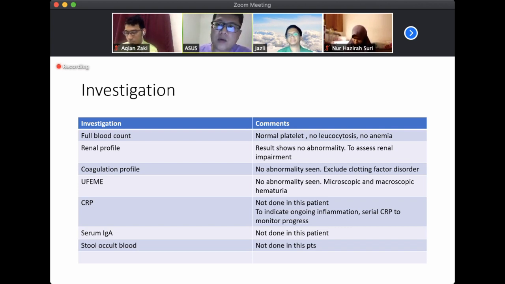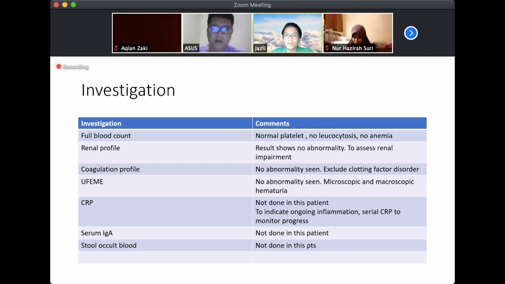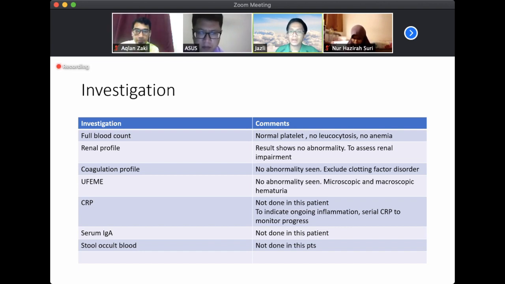So what is the principle of management in HSP? The principal management in HSP is mainly supportive, and we want to treat symptomatically because the patient usually presents with pain. So in general, I would ask the patient to have bed rest and give adequate fluid resuscitation until the symptoms resolve.